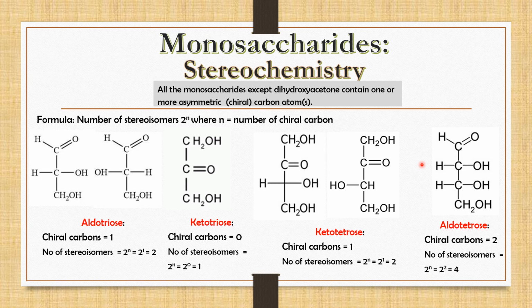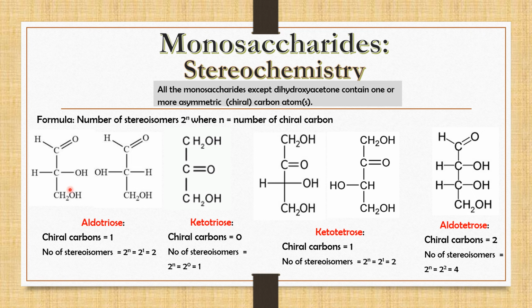If a molecule has more than one asymmetric carbon atom, it can exist in 2^n stereoisomeric forms, where n represents the number of asymmetric carbon atoms present. Therefore, aldotrioses, aldotetroses, aldopentoses, and aldohexoses have 1, 2, 3, and 4 asymmetric chiral carbons and exist in 2, 4, 8, and 16 stereoisomeric forms.